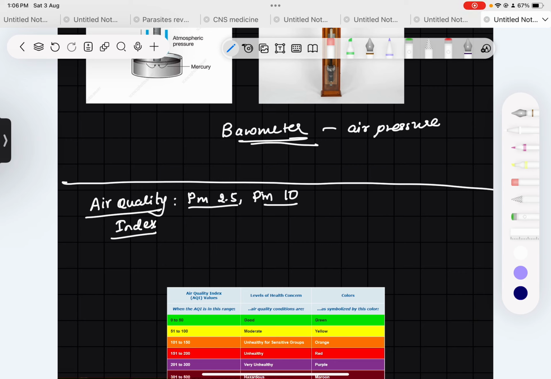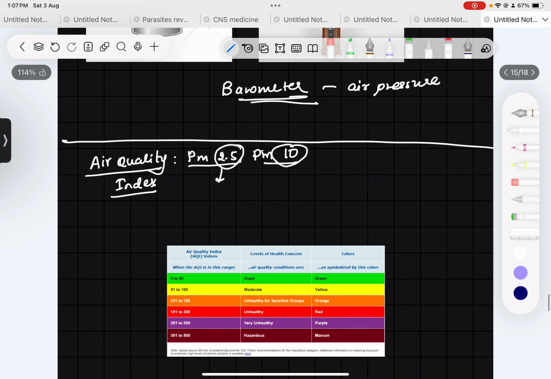This is a size actually, 2.5 and 10 micrometer, I think. So these are two kinds of particles, and the PM 2.5 particle is the most dangerous.